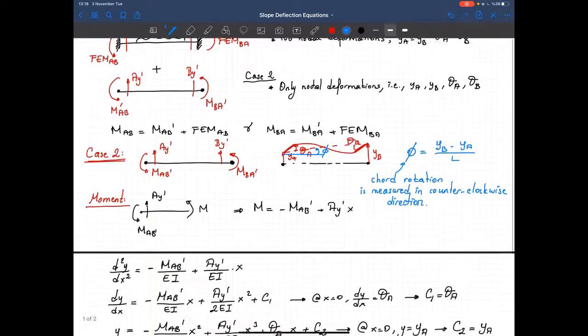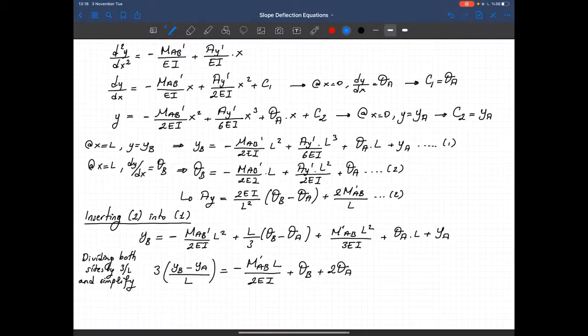In order to further simplify that equation, we can write the following: 3 times the chord rotation is equal to minus MAB prime L divided by 2EI plus theta B plus 2 theta A. Remember that the phi angle, or the chord rotation, is the difference between the translations divided by the length of the member.